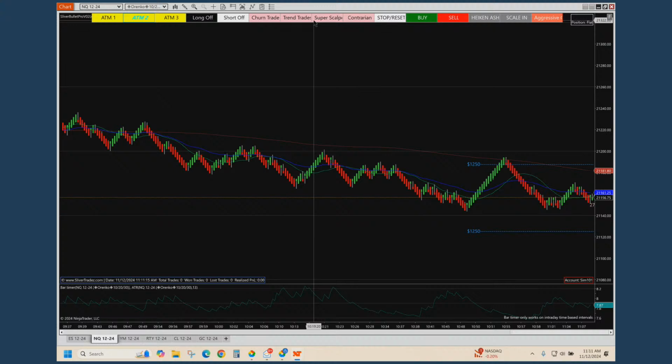It's sideways, so I will try churn shorts. Not expecting a whole lot of trades now. Between churn, scalper, and contrarian, I'm going to go back and forth.